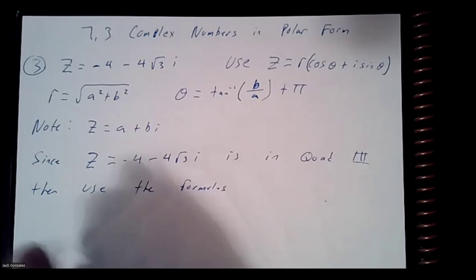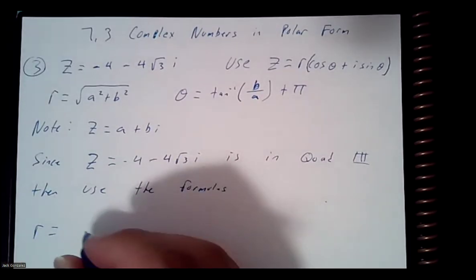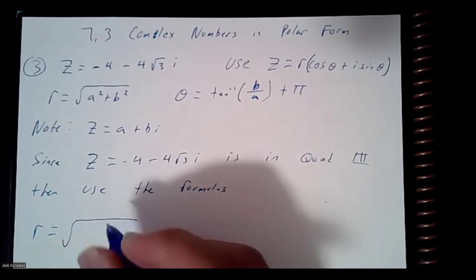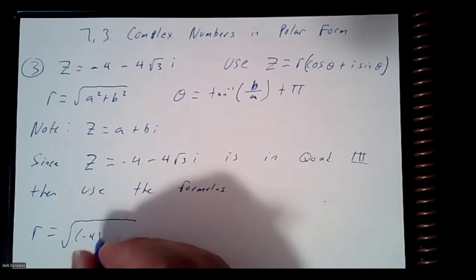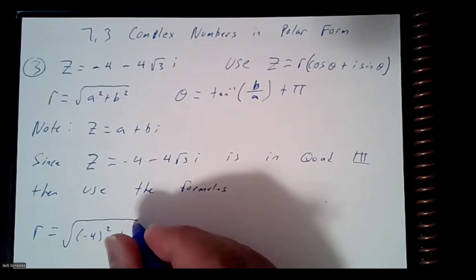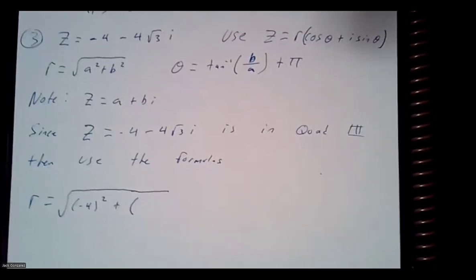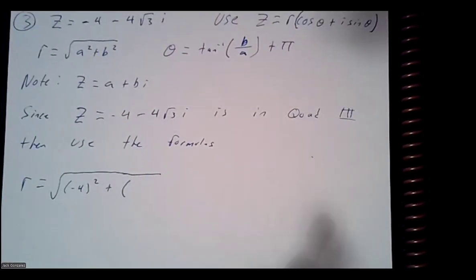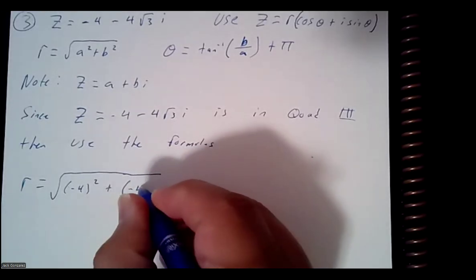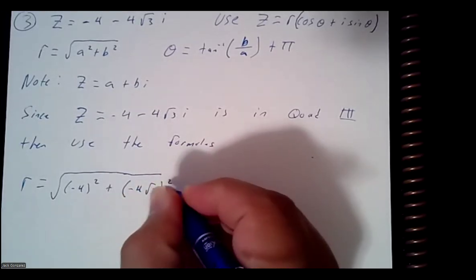All right, so here we go. R is equal to the square root of (-4) squared plus (-4√3) squared.